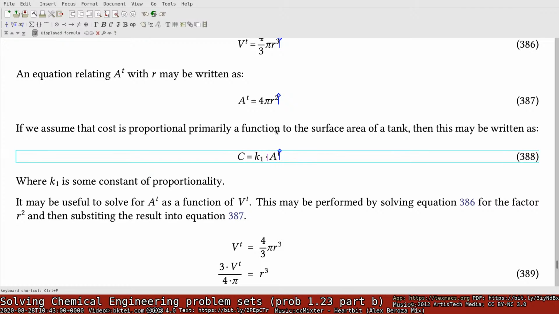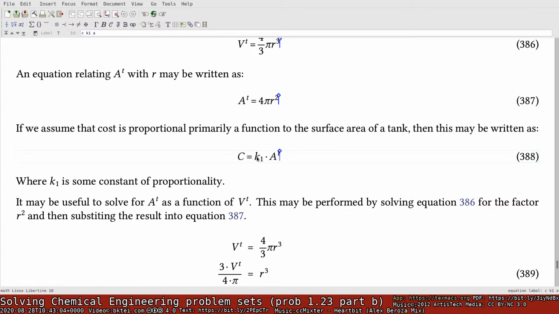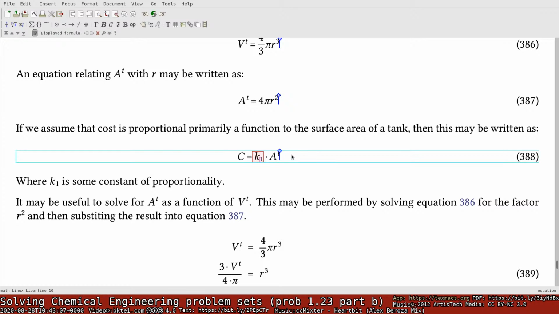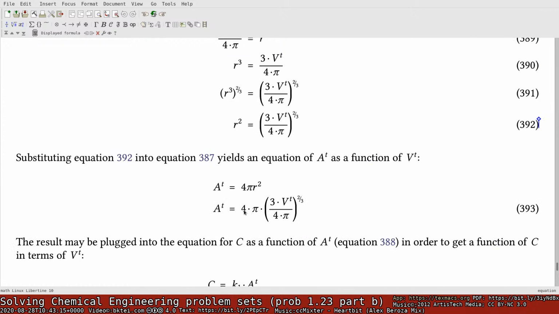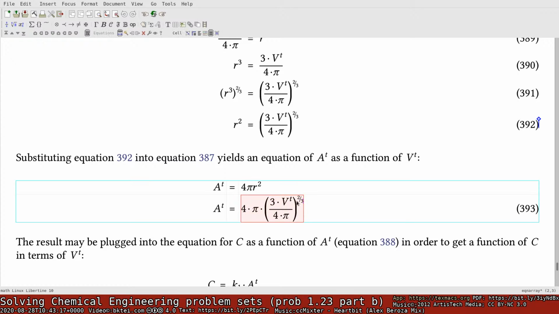Well, it's proportional to area. And K sub 1 is some proportionality constant that takes out the area units. This has units of area. Yeah, that still has units of area.